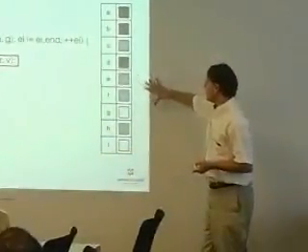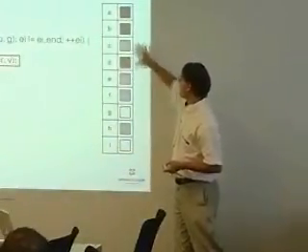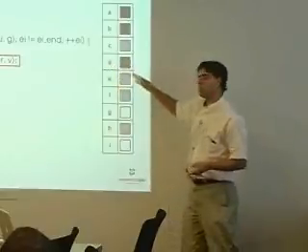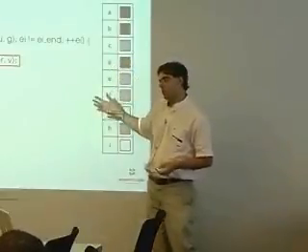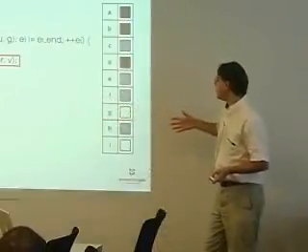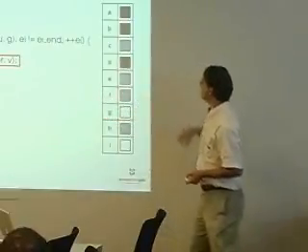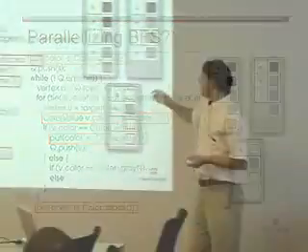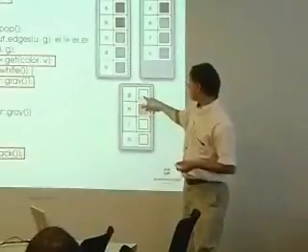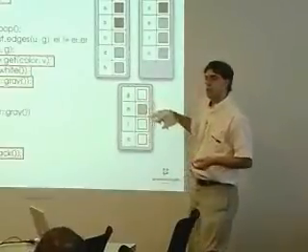In the world of the BGL, you can imagine there's some virtual table here that maps from vertices to the colors of those vertices. And in a world of distributed memory computation, parallel computation, you're going to need to divide this structure up into several different structures. Now again, we're going to use a convention that if a processor owns a vertex, it's also going to own its color.